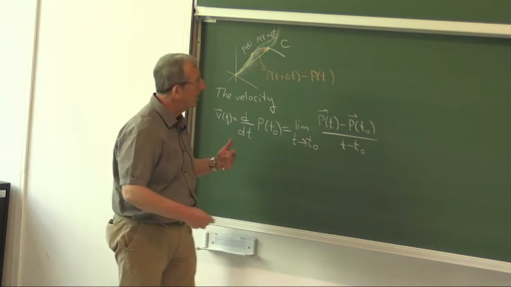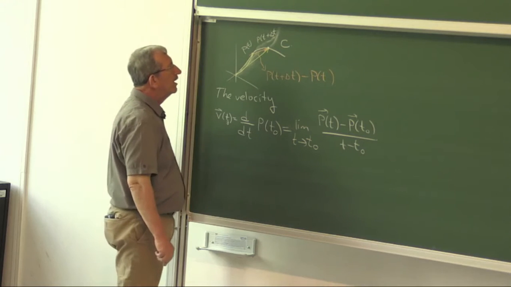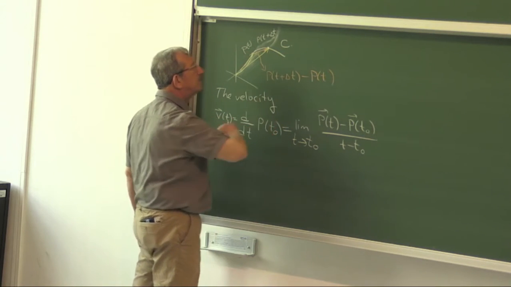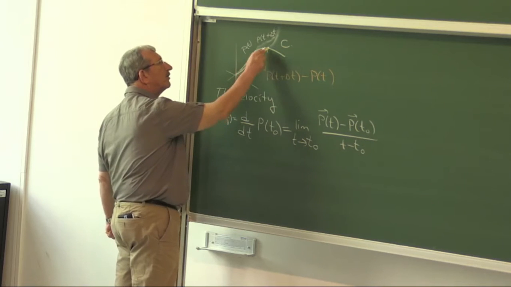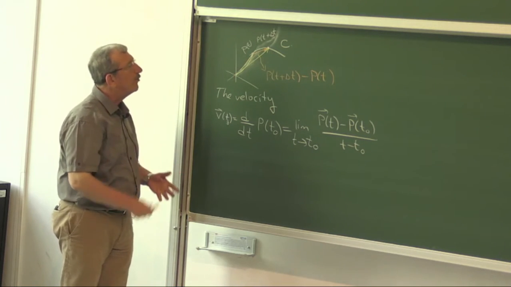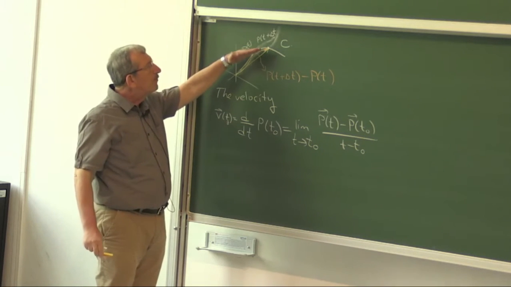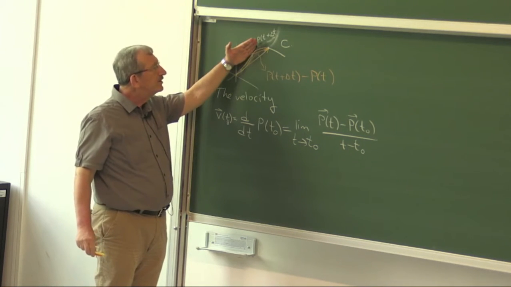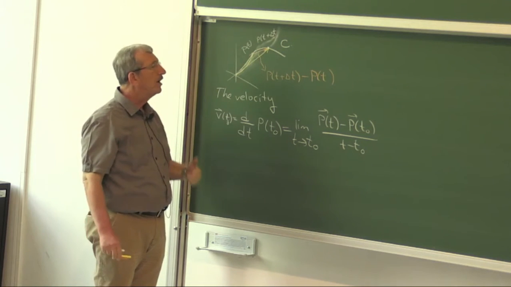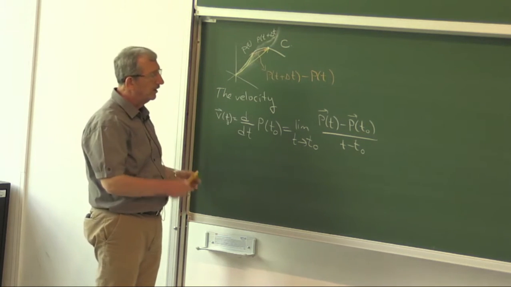So it is well defined. Now, this vector, P of t plus delta t minus P of t, as we can already observe from the picture, as delta t goes to 0, will approach a vector which is directly tangent to the curve at t0.